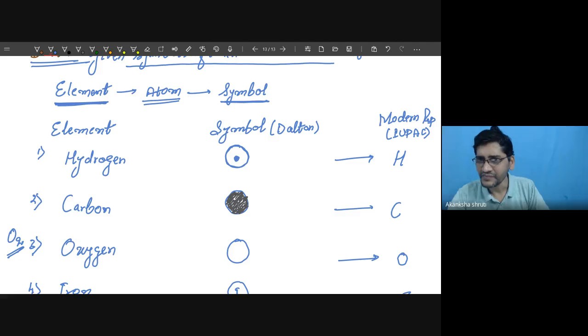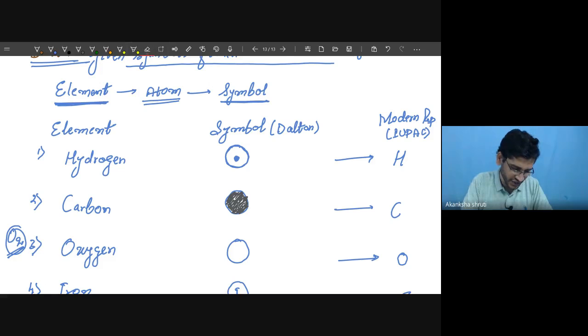So the symbol for representing oxygen is O. Though two oxygen atoms combine together to form O2, and this O2 exists freely in atmosphere, or freely in nature, O2 is a molecule, not the atom. For representing an element, one atom is considered, and the atom is O.